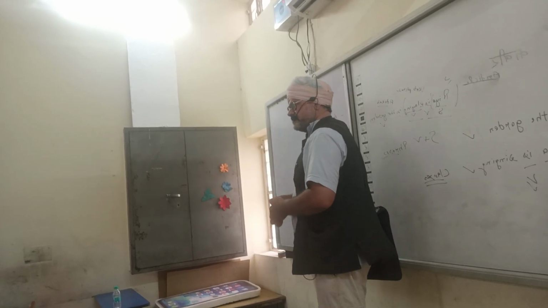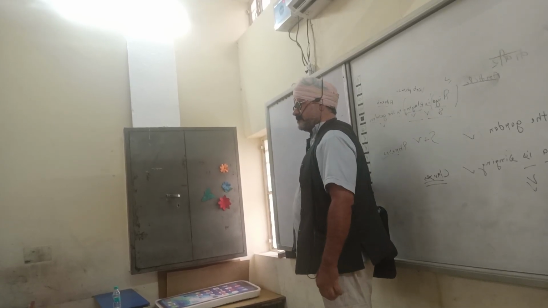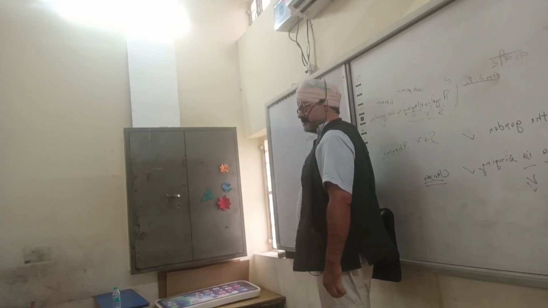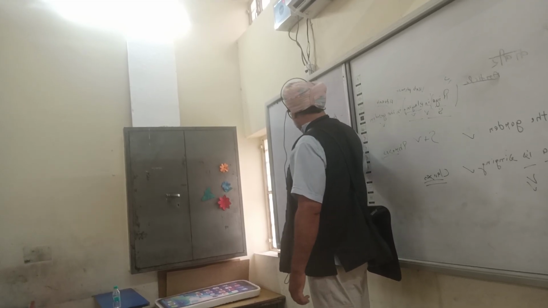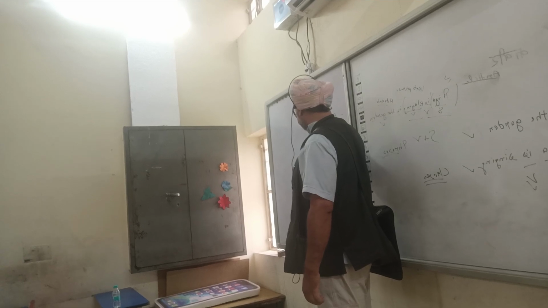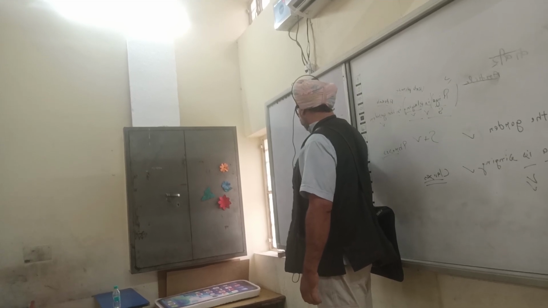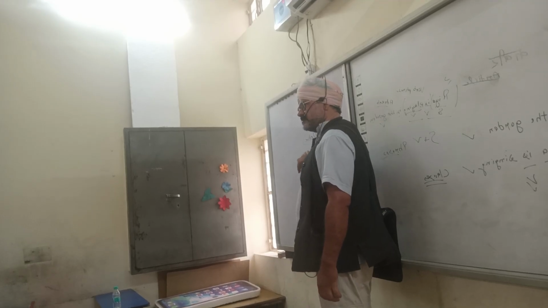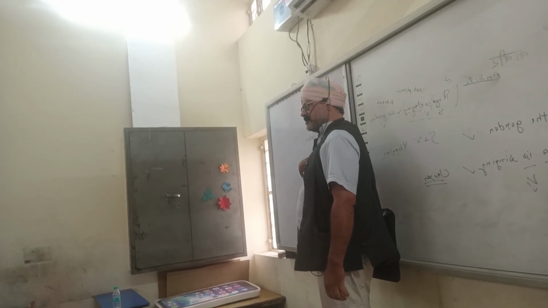The things that we find in the form of a collection, in the form of person, place, and thing. If persons are in the form of a collection, if a place is in the form of a collection, if a thing is in the form of a collection, that is called a collective noun.